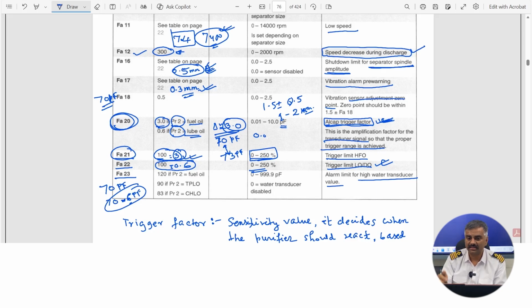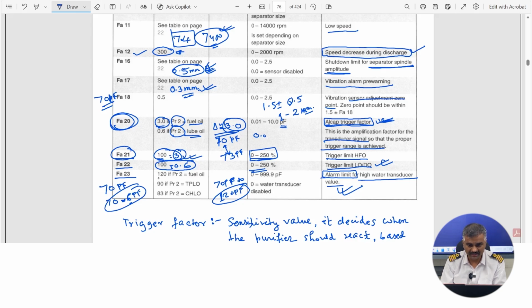The capacitor is working from 70 picofarad to 120 picofarad. If the value exceeds 120 picofarad, that means an excessive amount of water is present, so an alarm is given for the high water transducer value. Either your transducer is faulty or there is a very high amount of water present, and at that time the complete discharge can take place.